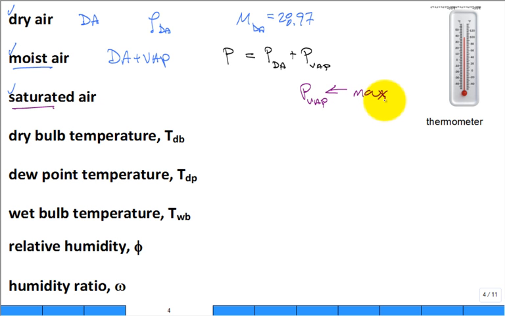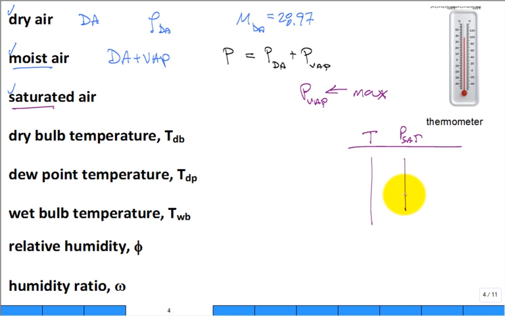Well, what value is that maximum partial pressure of water vapor in the air? Well, when would it be maximum? Your study of thermodynamics comes in so handy, because in this appendix, in the first real table, not table A1, but table A2, you saw a bunch of temperature values, and the next column over is the saturation pressure.